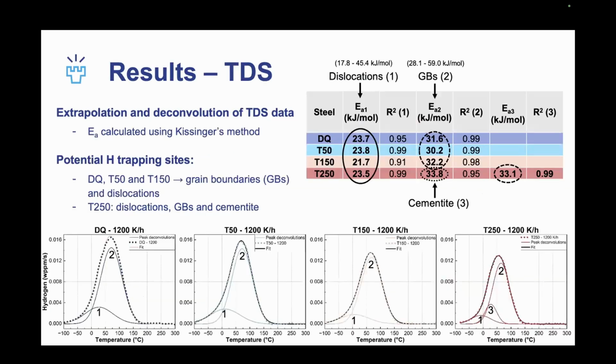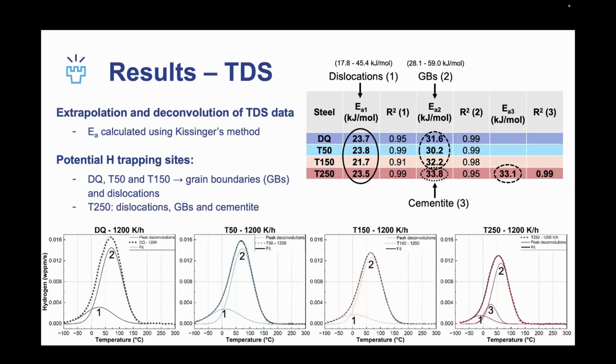In all the data that we got from TDS, we never saw strong trapping, so no high temperature peaks. We only had one peak at the lower temperatures. This means that retained austenite is not trapping hydrogen in this case, so it's not being activated without load or with load. So in these materials, what are the potential trapping sites?